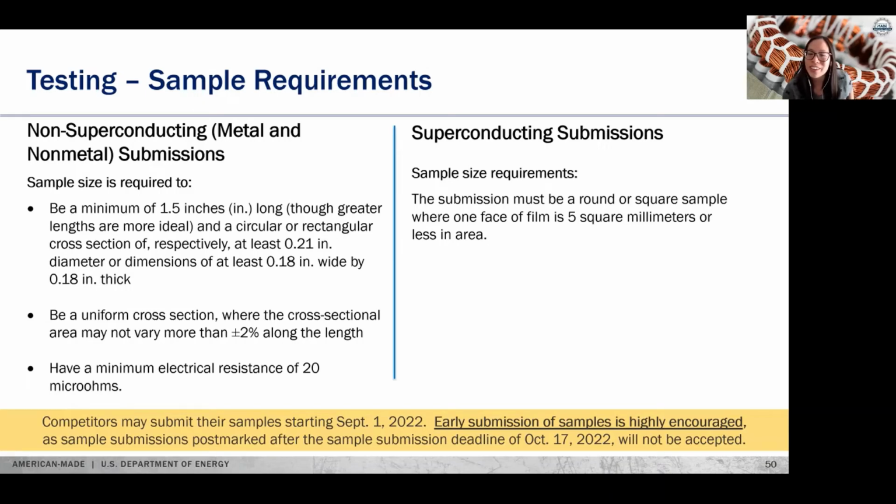It's just around the corner. So obviously we really encourage you to submit those as early as you can, as if you have a submission postmarked after the deadline of October 17th, we will not be accepting those for the contest. All right, next, please.